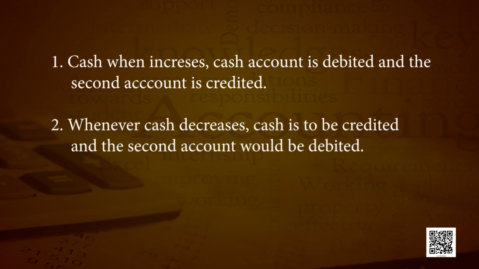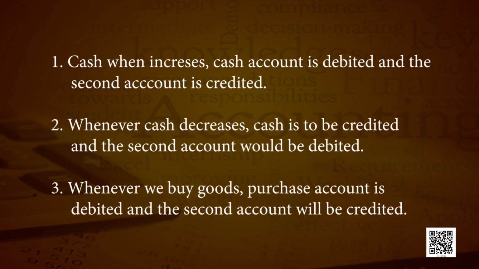Rule number 2 was, whenever cash decreases, cash is to be credited and the second concerned account would be debited. And rule number 3, whenever we bought goods, purchase account is to be debited and the second concerned account will be credited. These were the 3 rules we discussed in the last video.